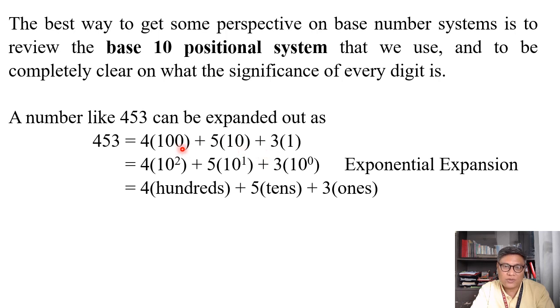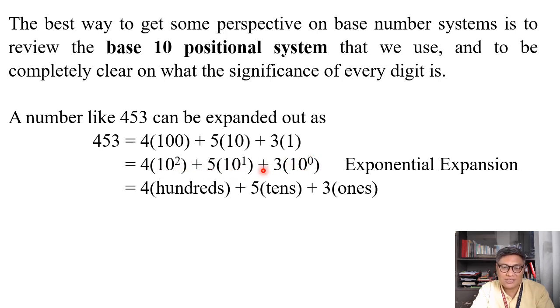Then we can rewrite 100, 10, and 1 as exponential expansion: 100 is 10 raised to 2, 10 is 10 raised to 1, and 1 is 10 raised to 0. Thus the name base 10. So our number system is base 10.